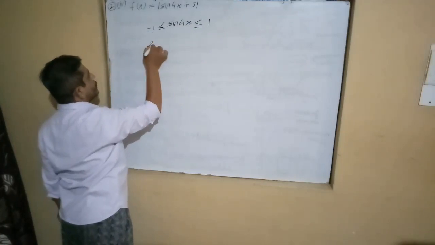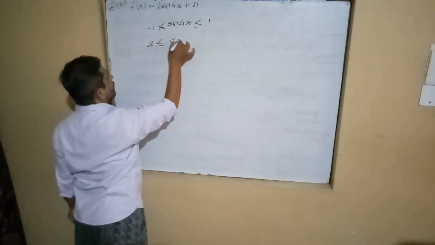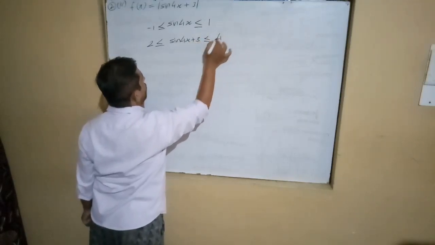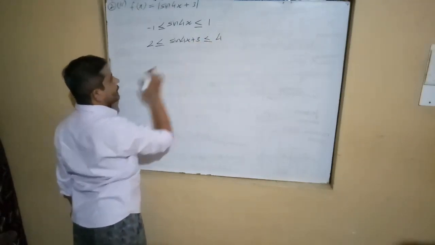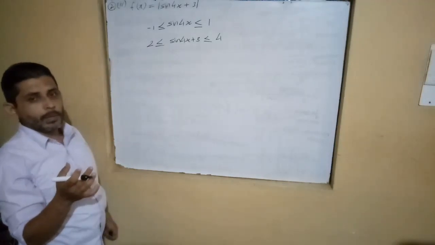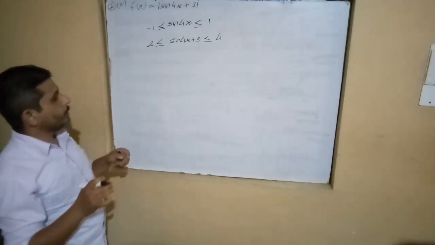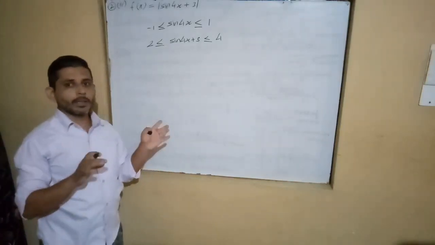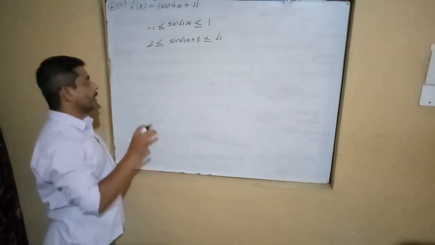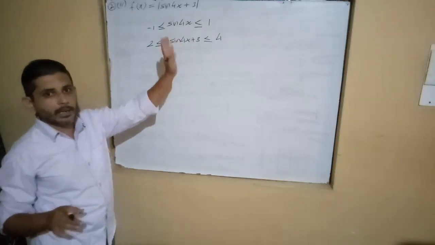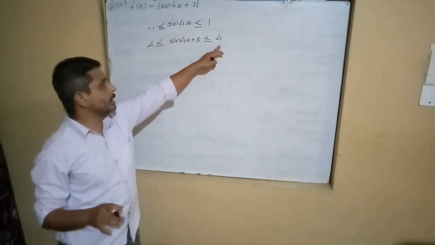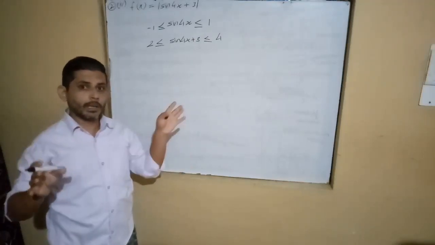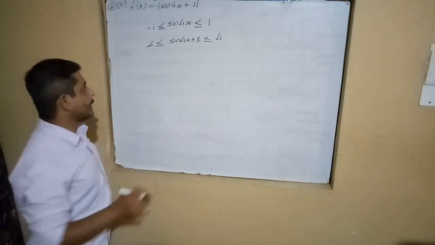So what will come here? 2 less than or equal to sin 4x plus 3 less than or equal to 4. Now all quantities are in positive form, so we can use the modulus. Any changes? No changes. So we can use the modulus directly. If any value is in negative form, then its meaning will change. But here we can use the modulus directly.